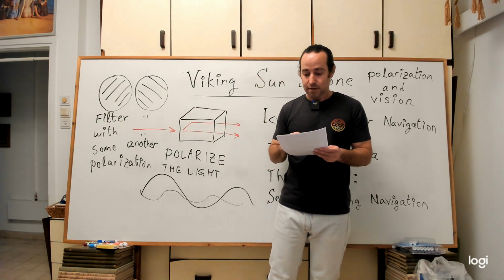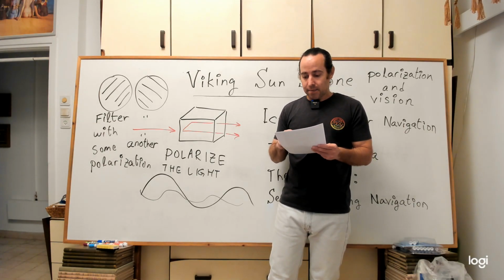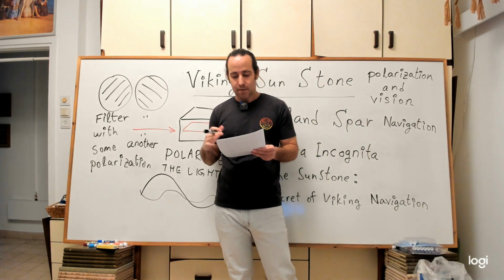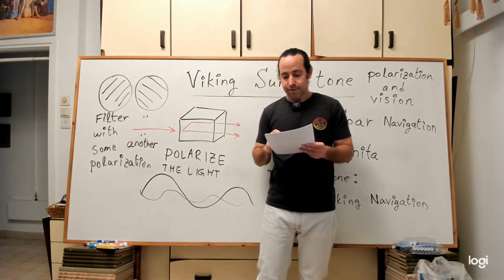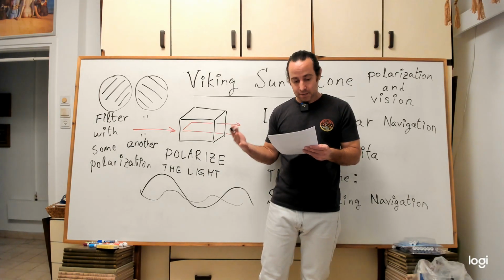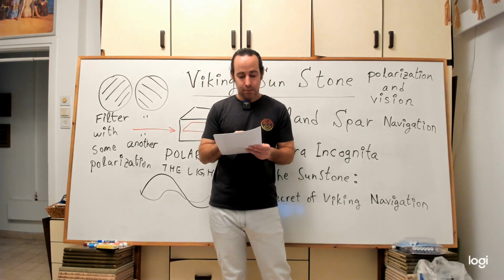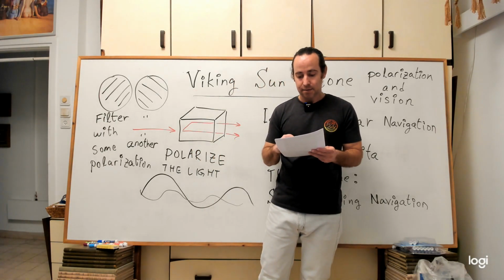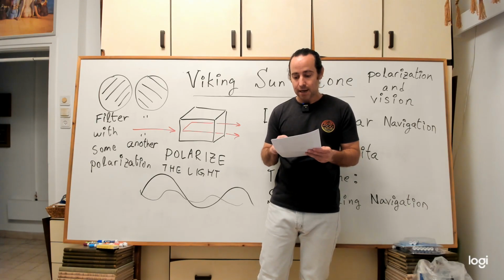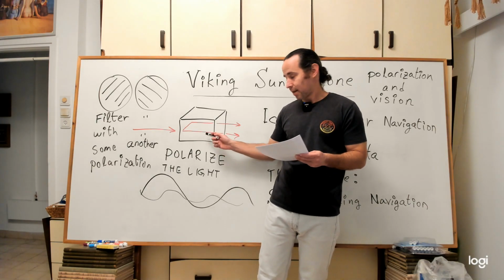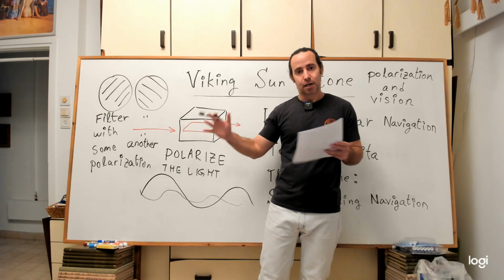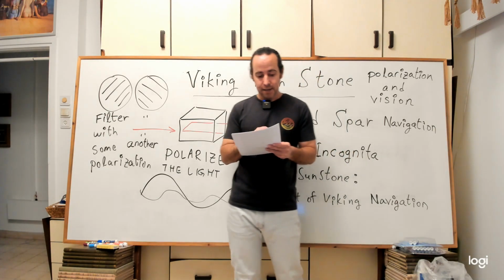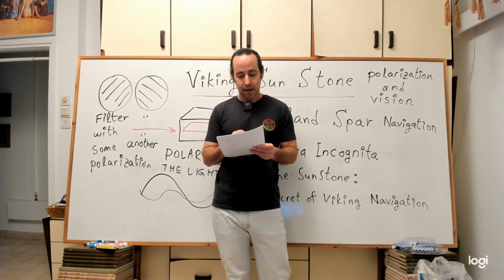So the visibility is not very good, but the environment, I wrote mud, but it's not mud, is made of minerals, which means crystals, and light goes through the crystals and becomes polarized. Each mineral has its own polarization. So this gives the creature a view which is similar to radar.